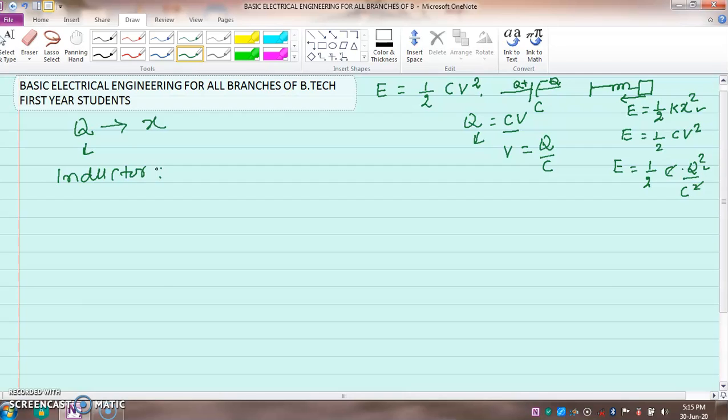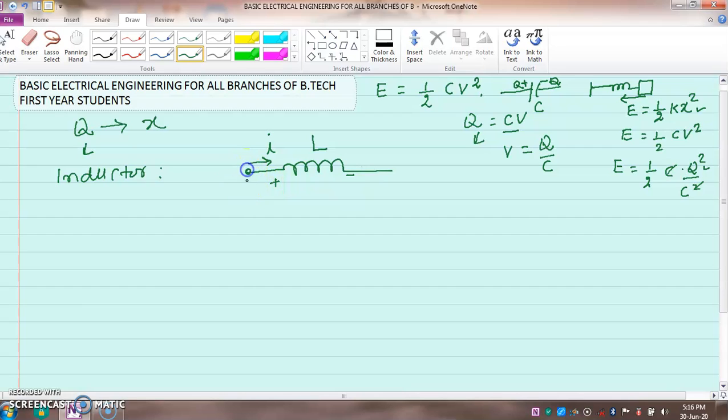So the inductance is symbolically represented like this, and here a current I is flowing, and the inductance is denoted by L. Suppose it is positive here, negative here.